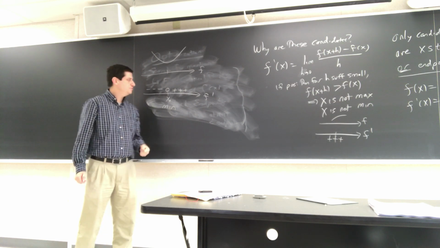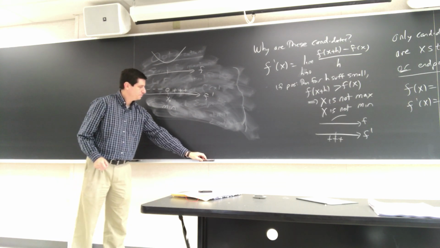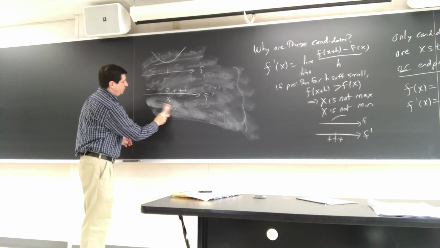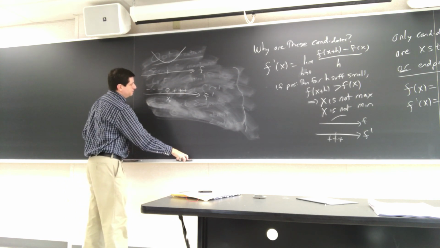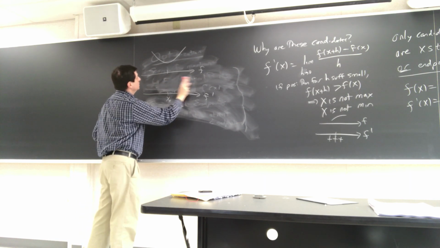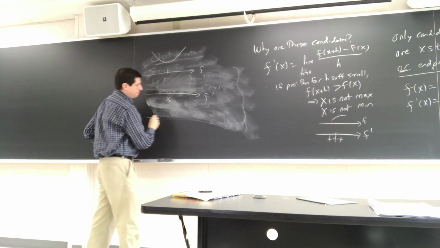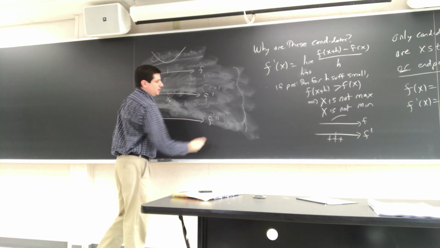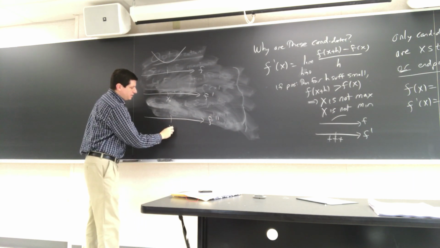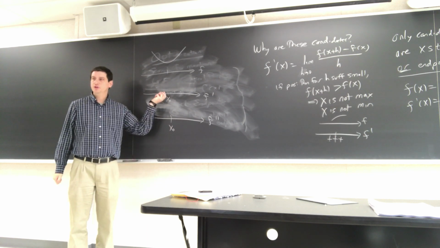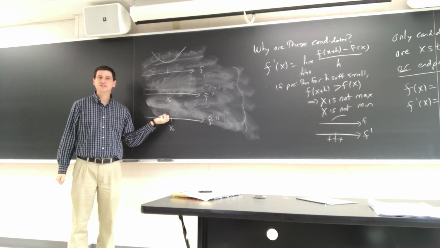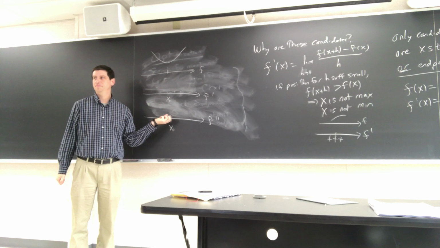So you often get the second derivative test as well. So let's say that was the first derivative test. Let's look at x naught as a critical point, and let's look at the second derivative at x naught.